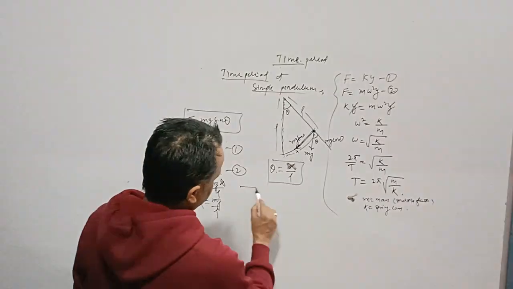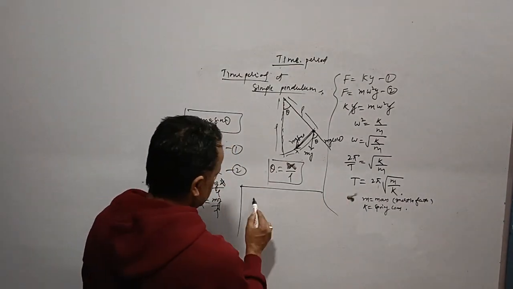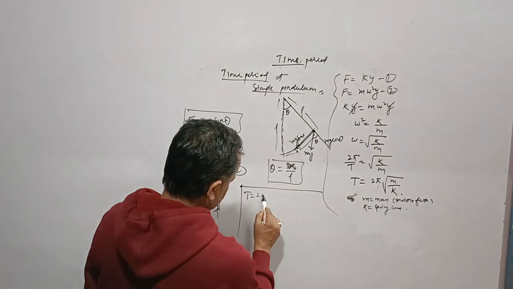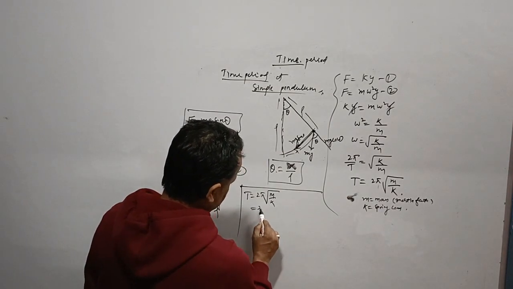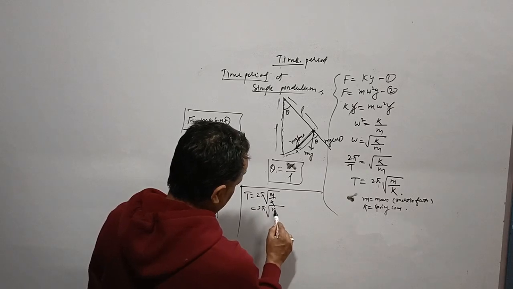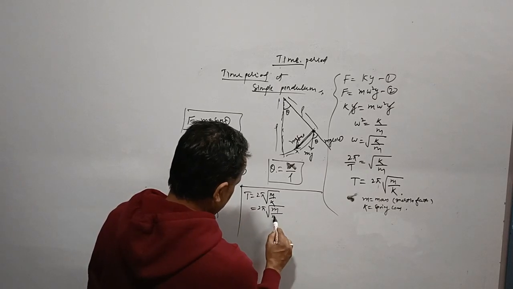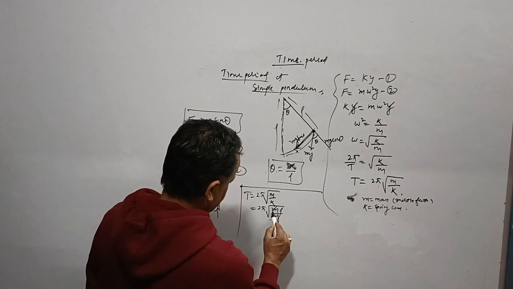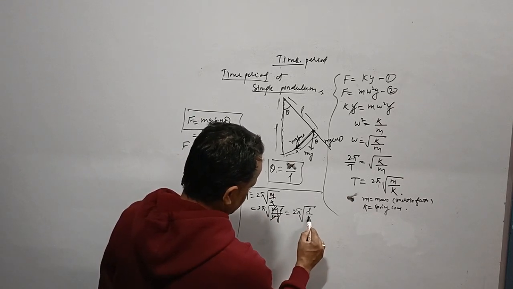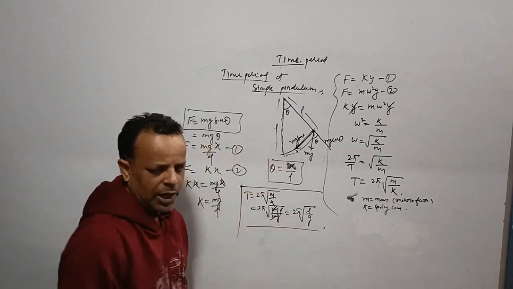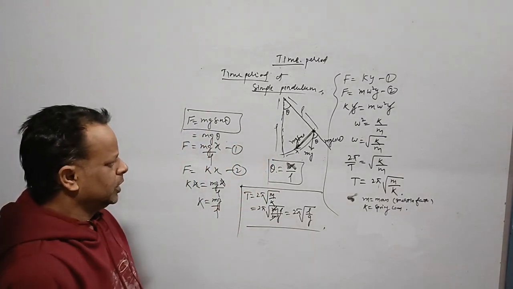Now we place the value in this equation. Time period is 2 pi root over m by k, which is 2 pi root over m divided by mg by L. The m cancels out. We are left with 2 pi root over L by g. This is the time period of the simple pendulum.